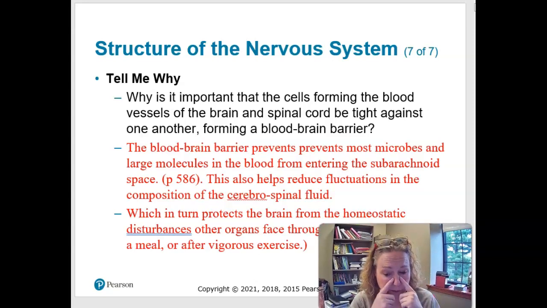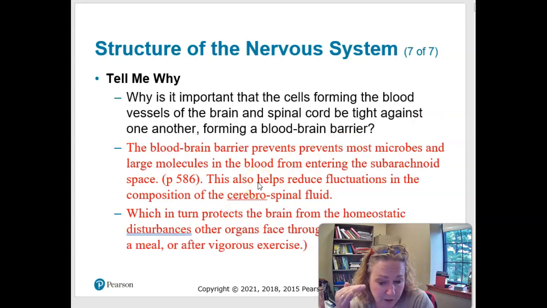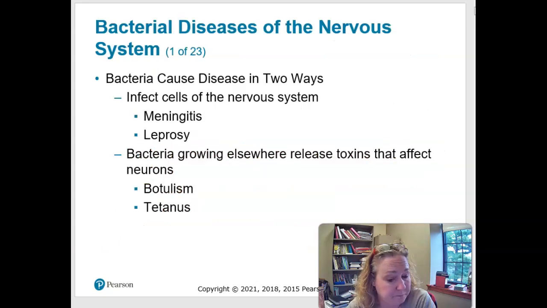If you get an infection in your nose, can your brain actually leak out your nose? It's only when you've had some kind of surgery, but you can leak cerebrospinal fluid out of your nose if you've recently had brain surgery. So the blood-brain barrier is there to protect your brain from the rest of your body, or mostly from infection.